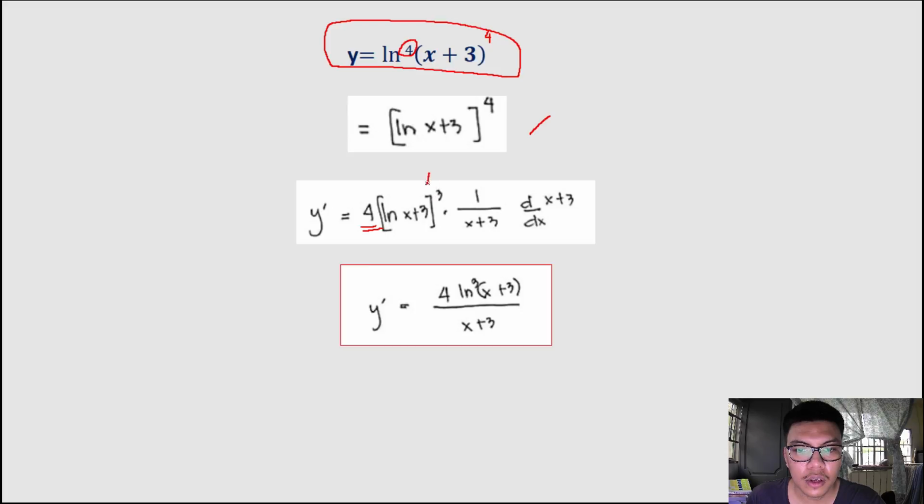So, ito, yan ay galing sa 4 minus 1, di ba? Then, the derivative of ln x plus 3. So, dito, so we have 1 over x plus 3 times derivative ng ating x plus 3. So, simplifying this, we have, so ito magiging 1 to, di ba? Then we have now 4 times ln cube x plus 3 all over x plus 3. Okay?